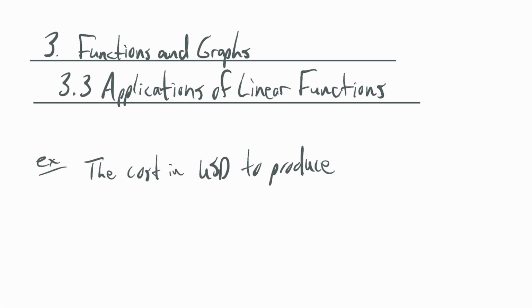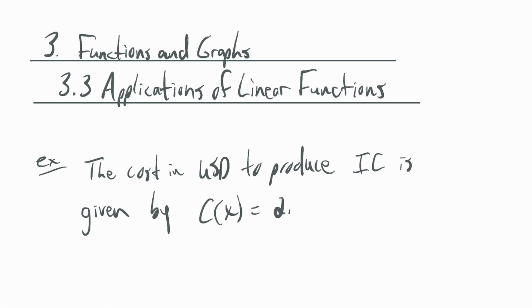So let's just say some sort of integrated circuit. And let's say it's given by C of x equals 2.5x plus 150,000.